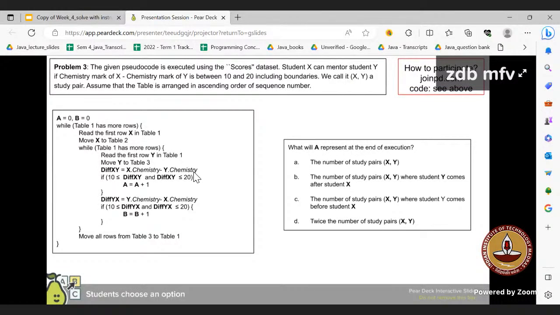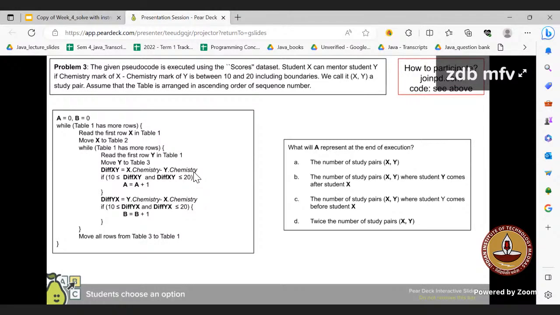Okay. So you are checking difference xy: if 10 is less than or equal to difference xy and difference xy is less than or equal to 20, then you are incrementing a equal to a plus 1. So a is nothing but the number of study pairs where student Y comes after student X, because while you are iterating, which card will you see?